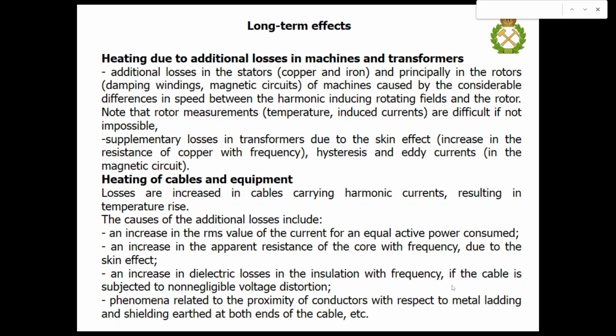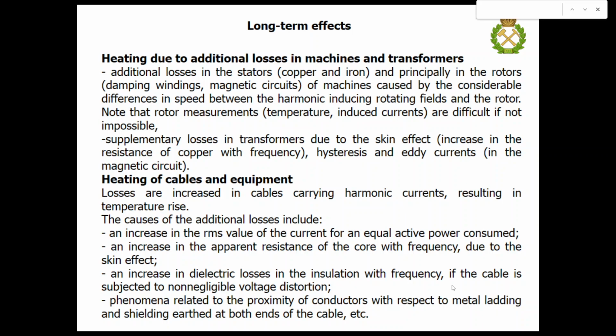Also, we should take into account some supplementary losses in transformers due to the skin effect, hysteresis, and eddy currents. All these effects are long-term because they are reflected in the whole lifetime of our electrical equipment, such as transformers or rotating machines.